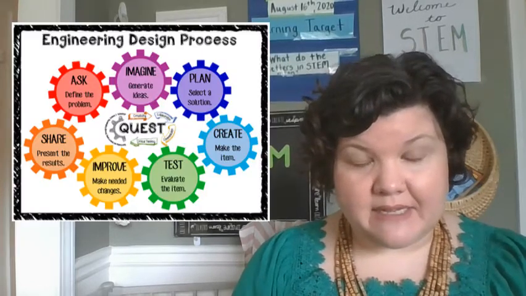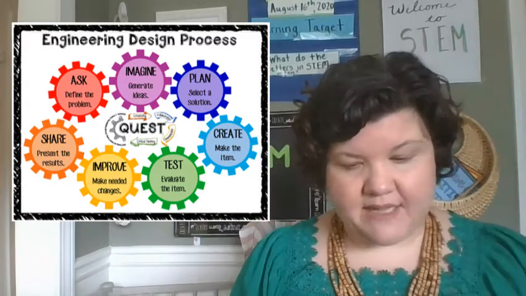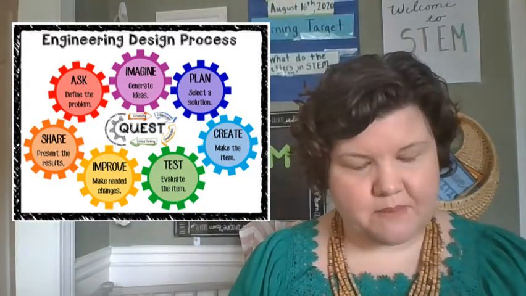If you don't remember what our engineering design process is, I want to jog your memory and have you think back to when we did the engineering design dance. We're not going to practice that together. I'm just going to give you a quick overview. So engineering design starts with finding a problem, asking questions, well, how can I fix this problem?